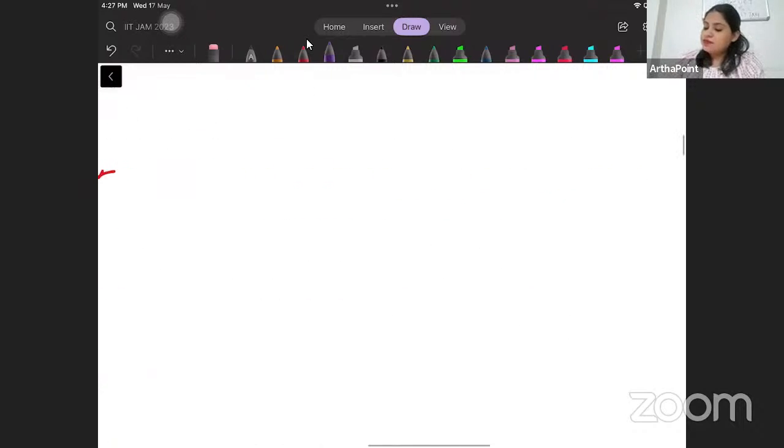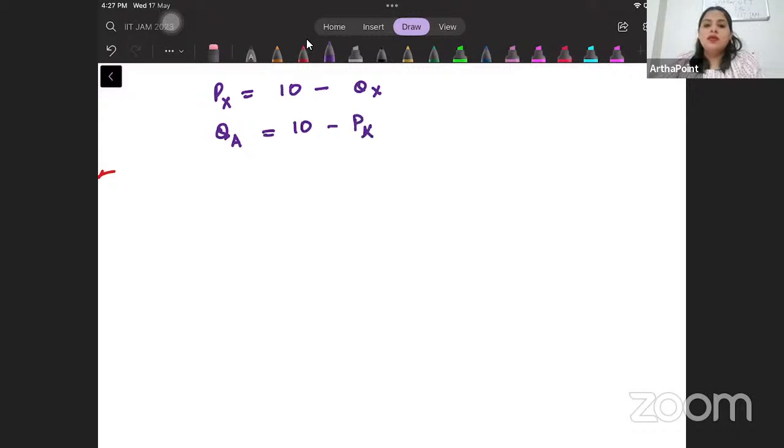So beta, Px is given as 10 minus Qx. So what will be the demand of individual A? 10 minus price. है ना? इससे Qx निकाल लिया. ये हो गया 10 minus Px. Now these individuals are similar.